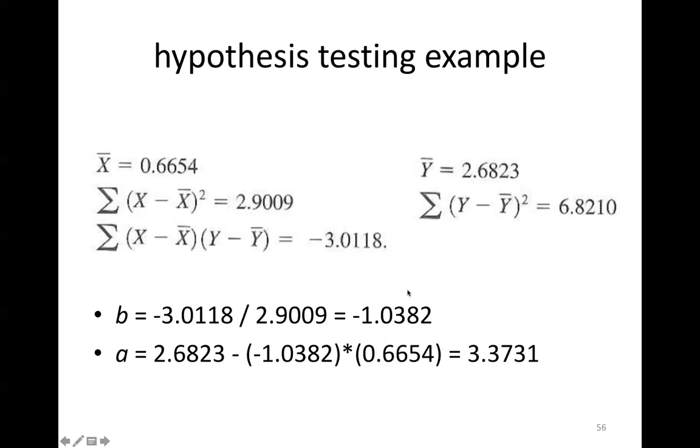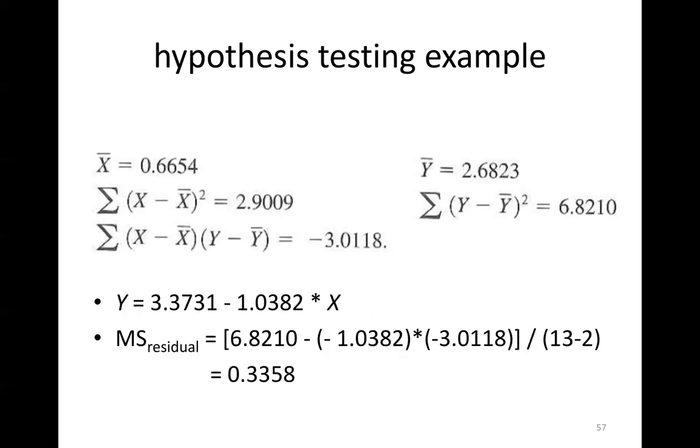And how did we calculate the intercept? Well, we just plug in the slope and the means of x and y in the regression formula, and then we just solve for the intercept. And here we have our two coefficients, the regression formula coefficients. Perhaps I can use the pen. This is our regression formula.